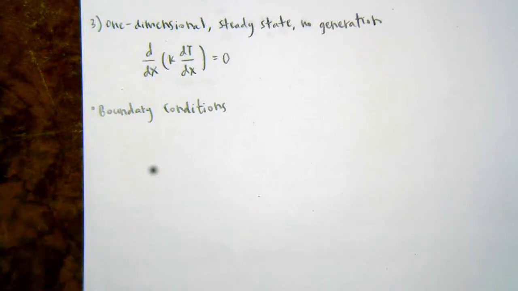So there's kind of three main types of boundary conditions that we use in heat transfer.